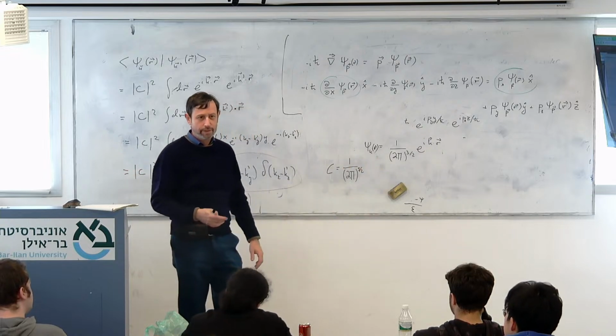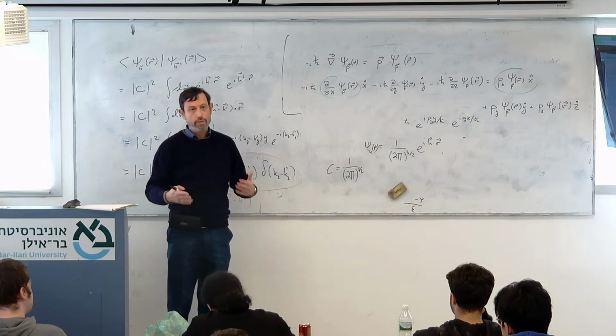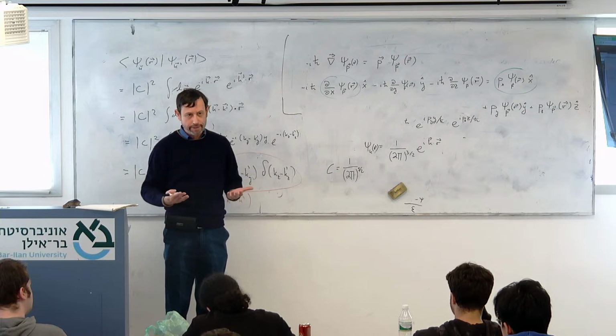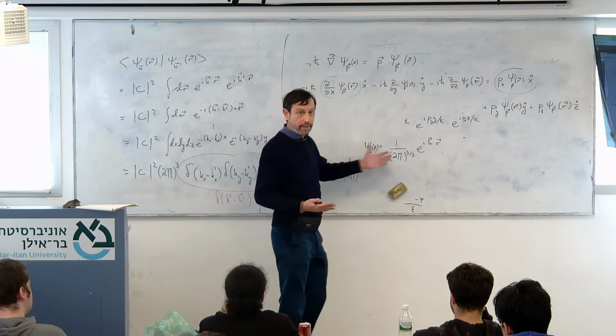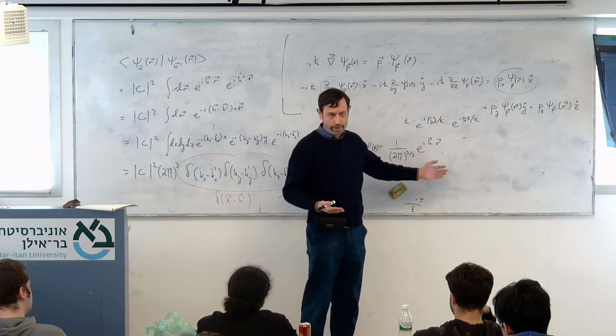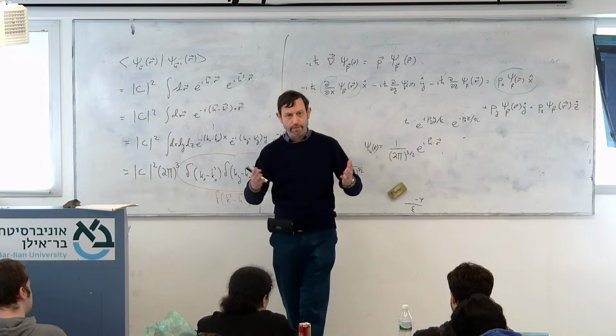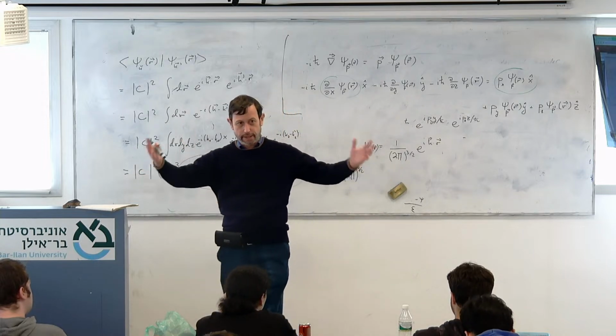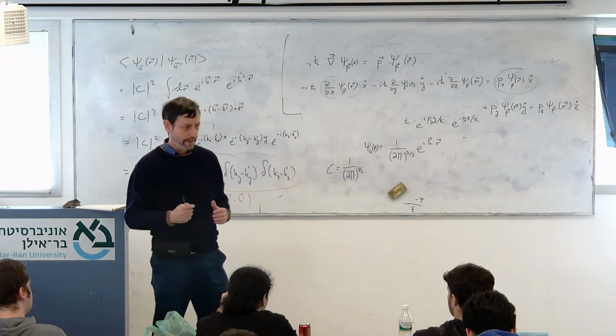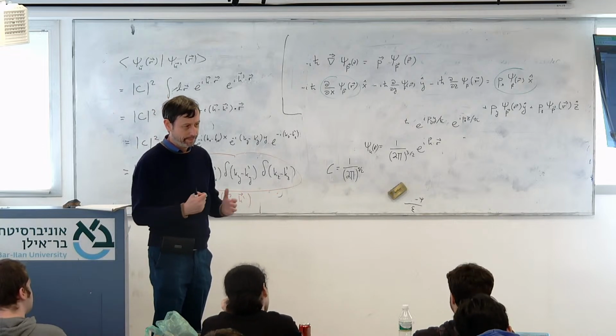The other way to look at it: if you describe a particle in space, you'll have some combination of such solutions, which will give you a finite width in space and a finite width in momentum.